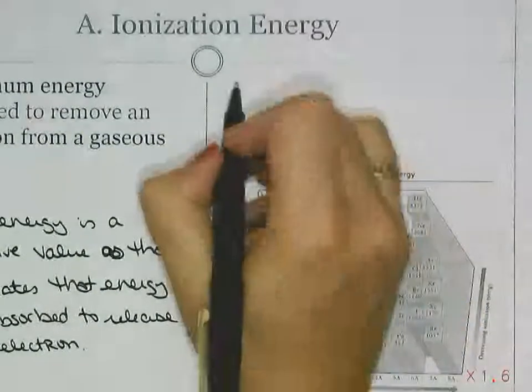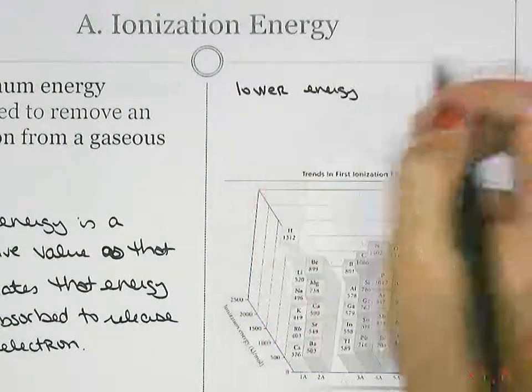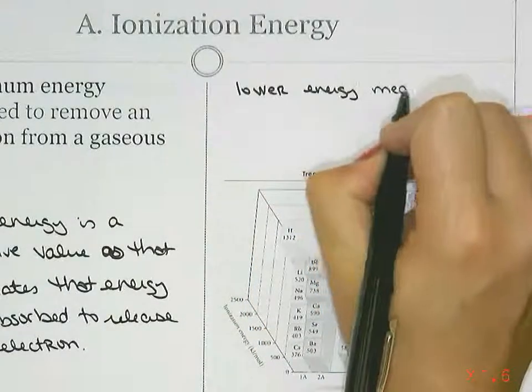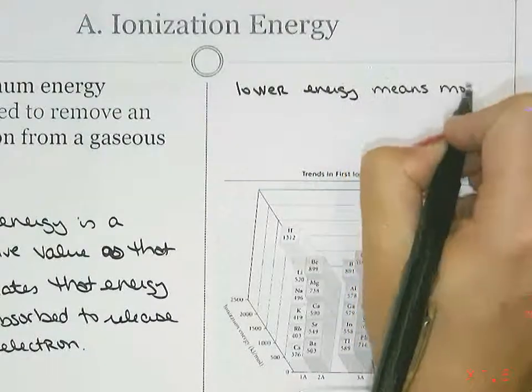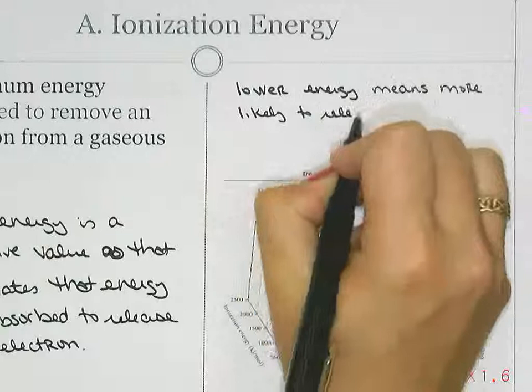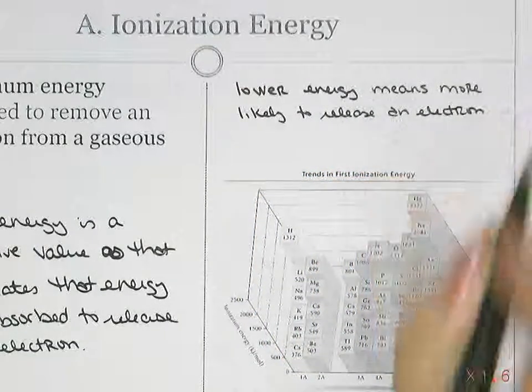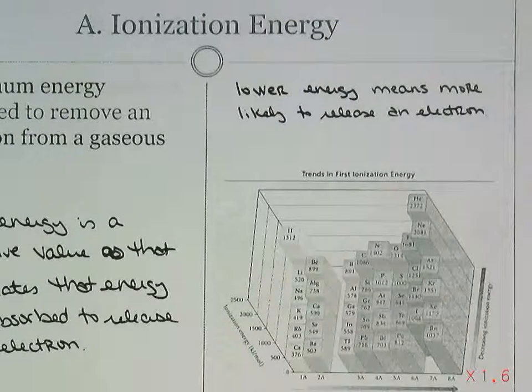So lower energy means more likely to release an electron. What do we know about the alkali metals in terms of their likelihood of releasing an electron? Very high.